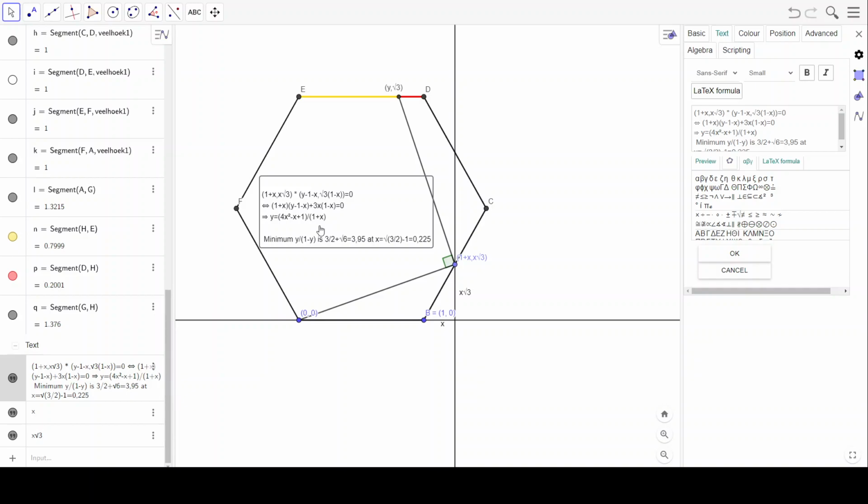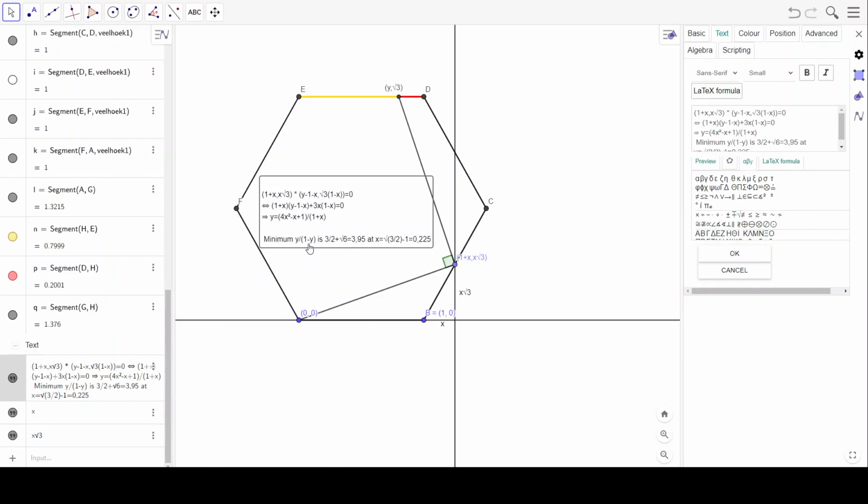The rest of the proof is using differential calculus to find the minimum value of y, because of course if this is minimum, also the proportion yellow to red should be minimum. That is an exercise I leave to you, or maybe you can use some kind of tool for that.